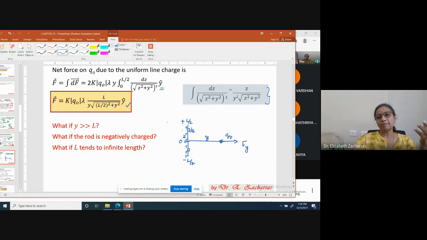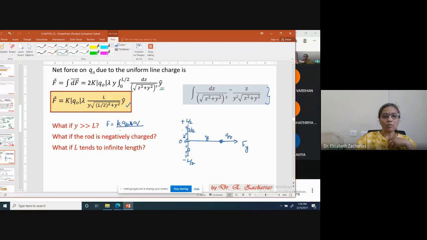Another thing that I should do is, what happens if y becomes much greater than L? What happens if this distance y becomes much greater than the total length of the charge distribution? I'm taking a point far away. So I can write F equal to K Q naught lambda, or rather I will write lambda into L as Q. Now come to the denominator.